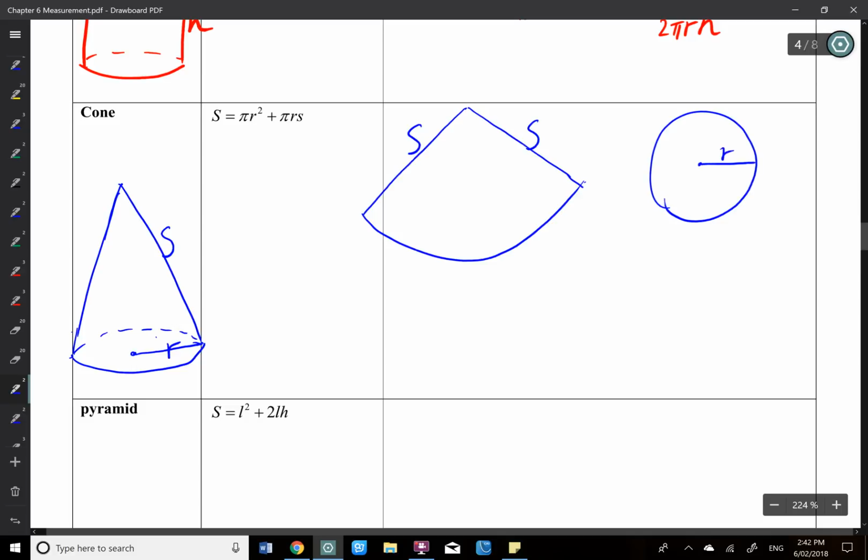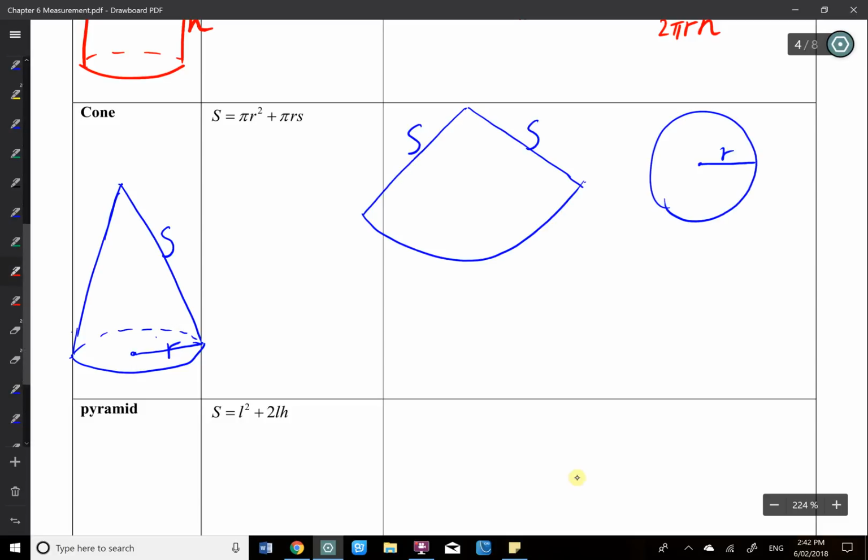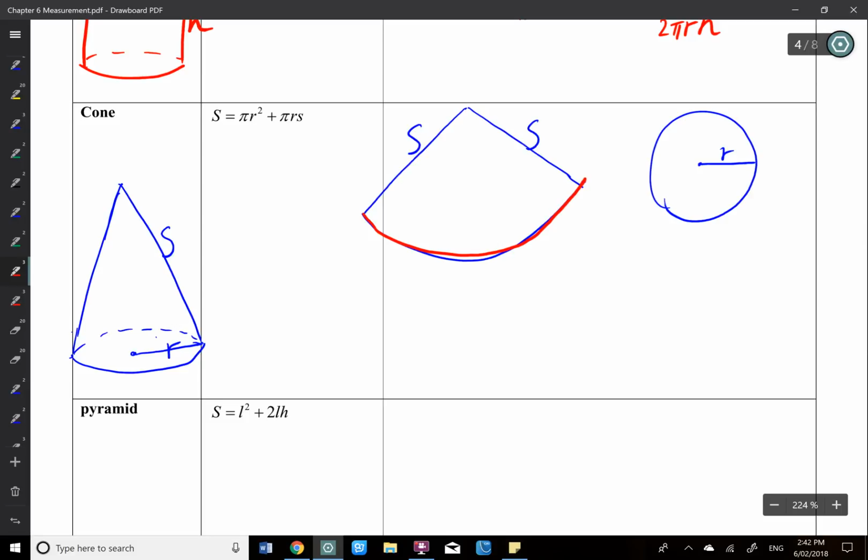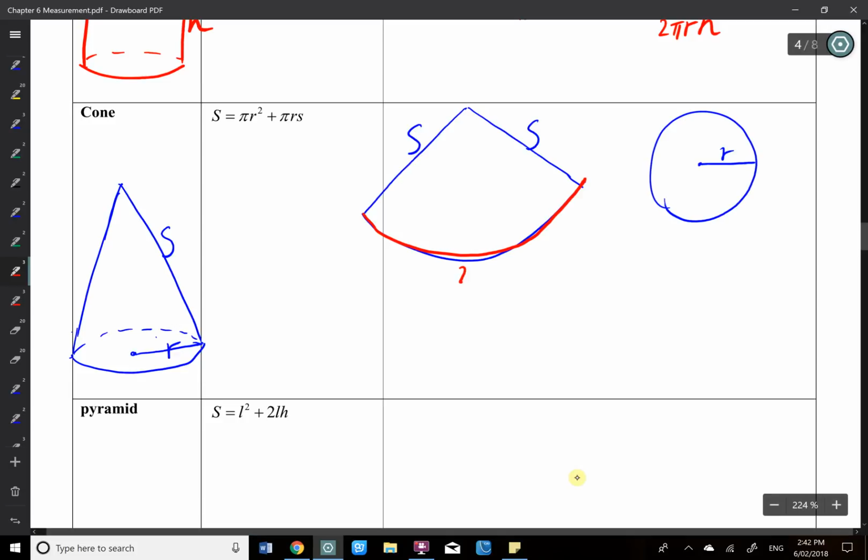Question is, what is this length? Use r to represent it. 2 pi r, because that's the bottom of the circle. So that's 2 pi r.